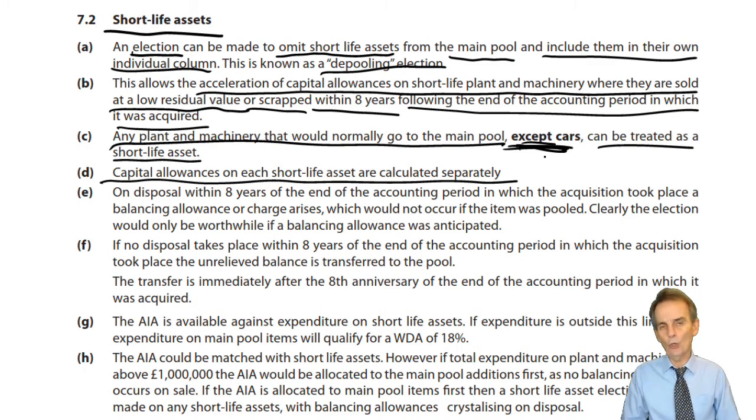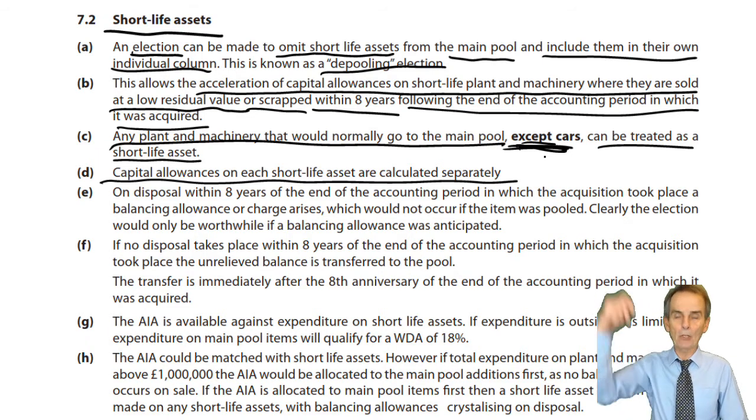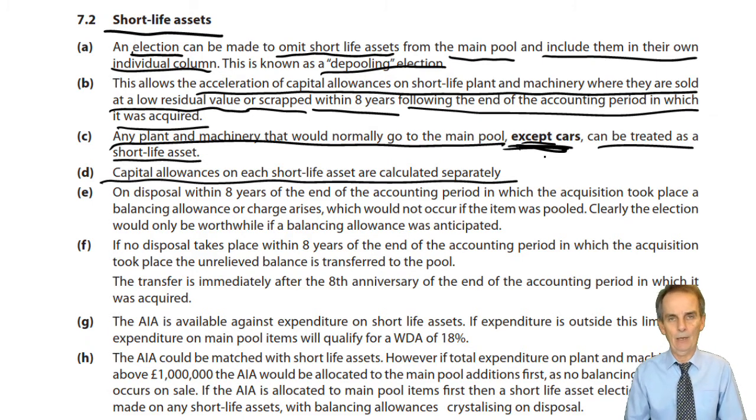So when you deduct your low sale proceeds from the much higher tax written down value, what is going to arise given that it is non-pool? As you've just seen in the previous example, a balancing adjustment. What type of balancing adjustment? Sales proceeds much lower than the higher tax written down value. That's a balancing allowance.